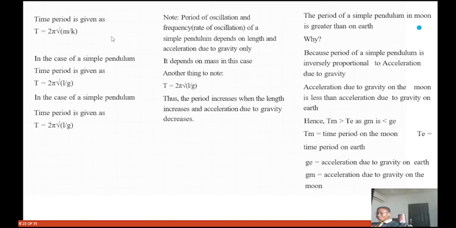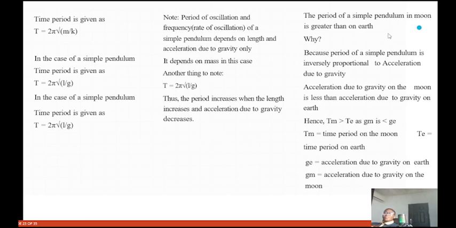For a simple pendulum, the period increases when the length increases and acceleration due to gravity decreases. Anytime you see an equation like this, you should have understood it. The one that is in the same line is directly proportional, the one that is under is inversely proportional. When T is increasing, the length is increasing. But when the acceleration is decreasing, T will be increasing, because they are opposite of each other.